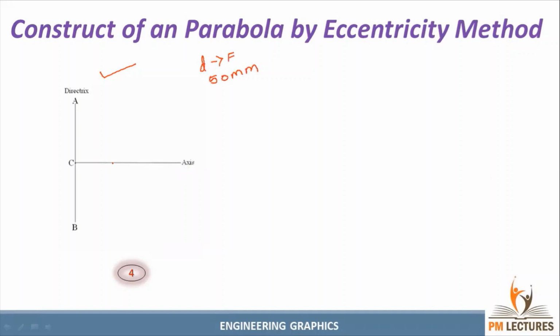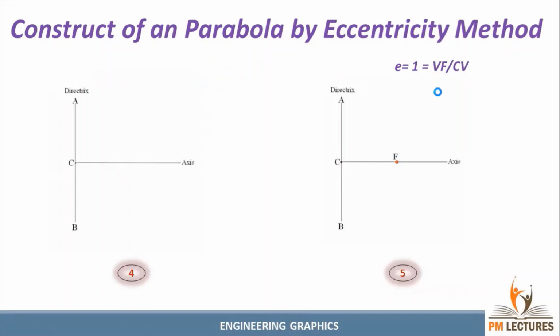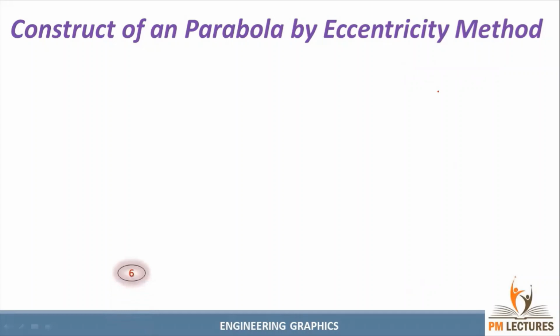So from the point C, we need to mark 50 mm and give the name focus F. After finding the focus point, we need to find the vertex point. Here it is a parabola problem, so the vertex V is found at the midpoint of the distance between C and F. This is called the vertex.